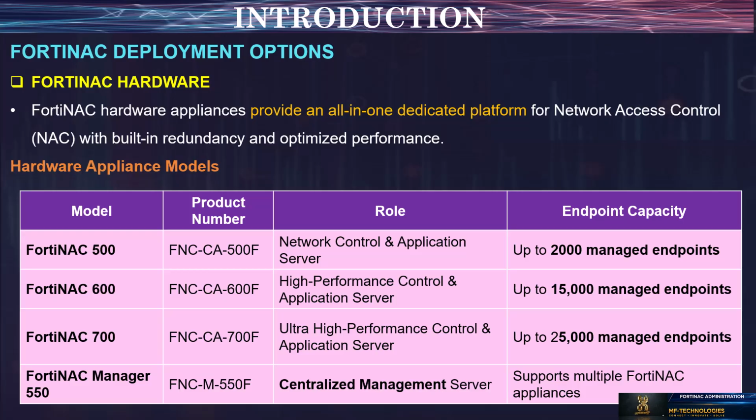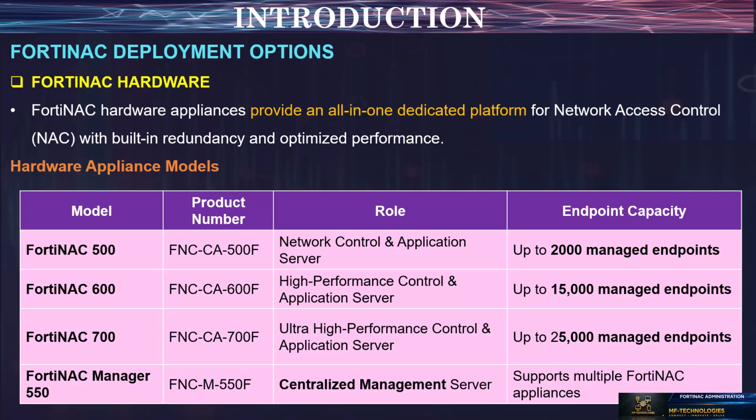You can see in the slide the primary hardware models currently available. FortiNAC 500 is designed for small environments and supports up to approximately 2000 managed devices. FortiNAC 600 targets medium-sized organizations and supports significantly larger deployments. FortiNAC 700 is intended for large enterprise environments with very high endpoint counts.